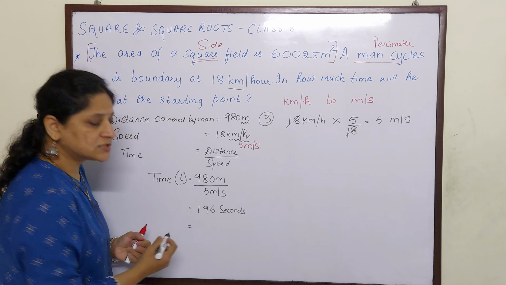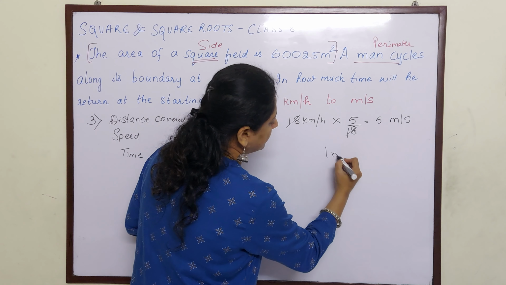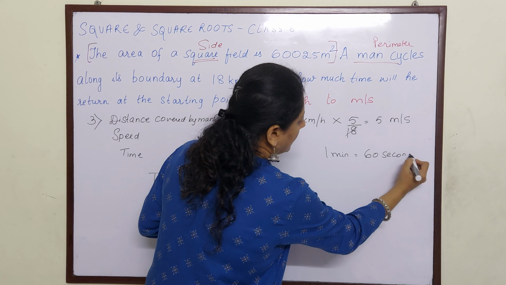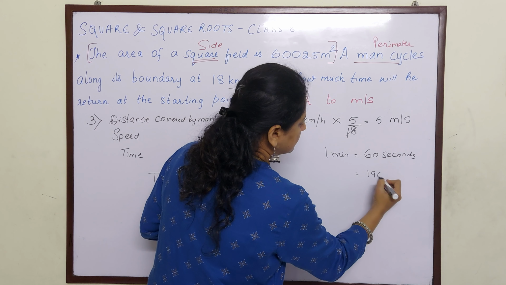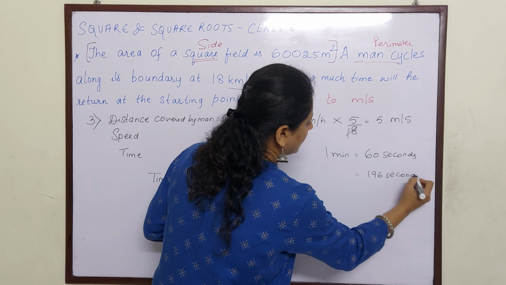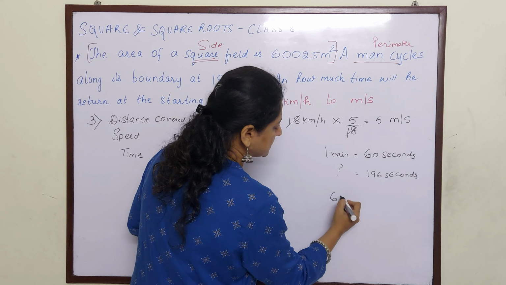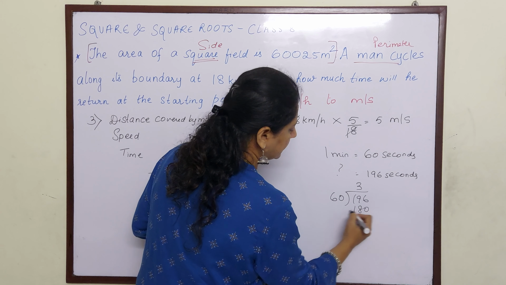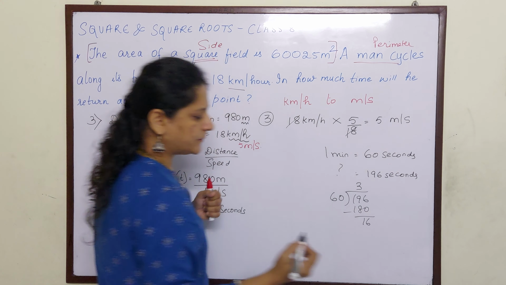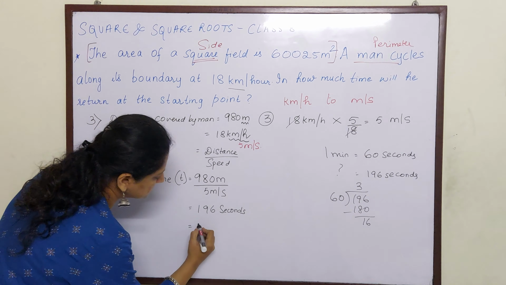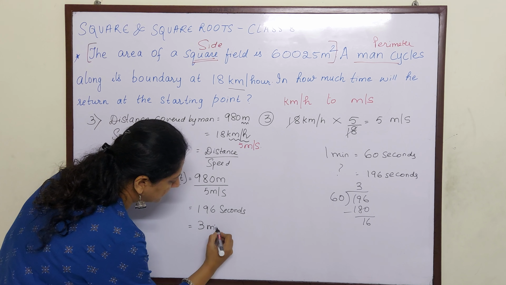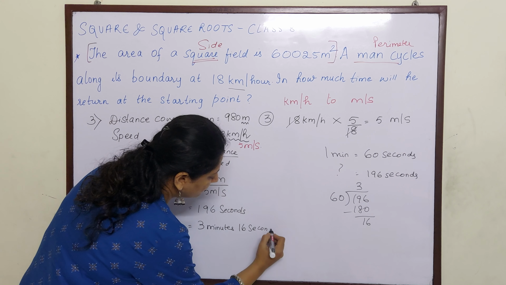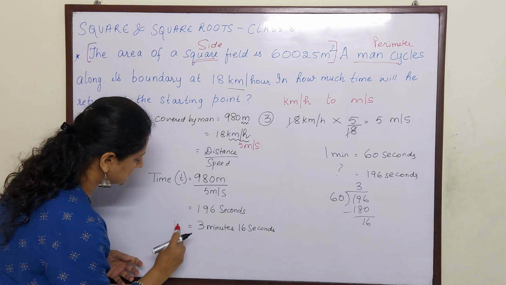I can convert this into minutes and seconds. 1 minute is equal to 60 seconds. So 196 divided by 60: 3 times 60 is 180 and the remainder is 16. So 196 seconds is nothing but 3 minutes 16 seconds, and this is our fourth and final step.